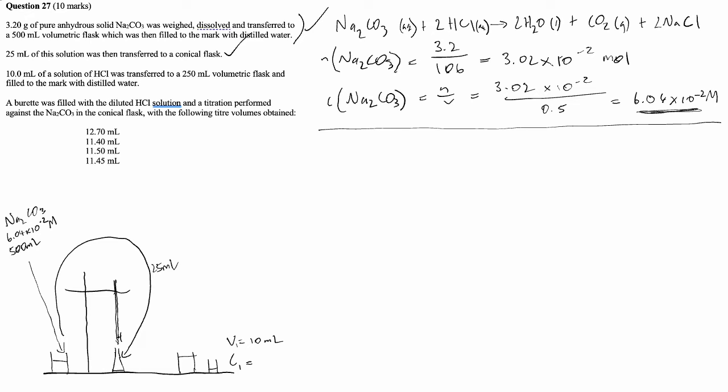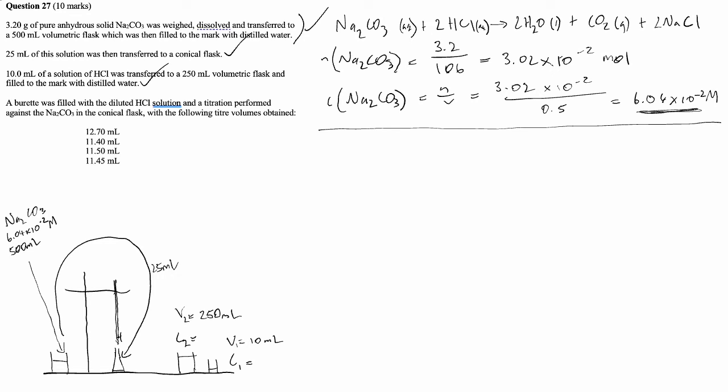Let's say in our next beaker, volume 2 is now 250 ml, concentration 2, and we don't know that yet either. Those two, C1 and C2, the undiluted and the diluted solution concentrations, I'm assuming that's what they want us to figure out. We've done our transfer and our dilution, but we don't know the concentration of those two because we haven't done the titration yet. That's our next step.